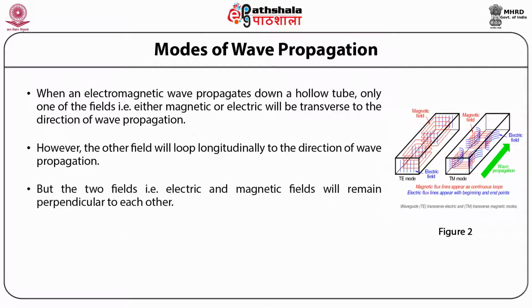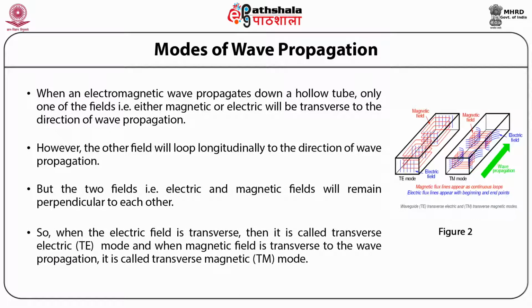But the two fields, electric and magnetic, will remain perpendicular to each other. When the electric field is transverse, it is called transverse electric mode, and when the magnetic field is transverse to the wave propagation, it is called transverse magnetic, that is TM mode.